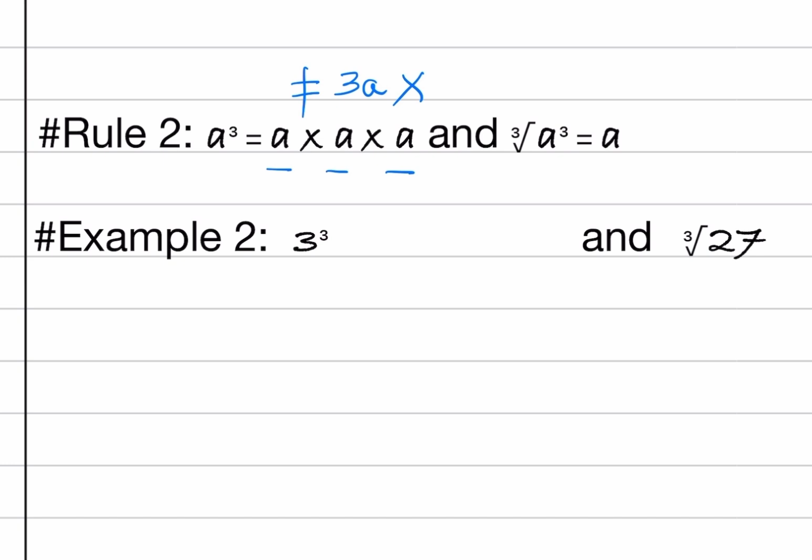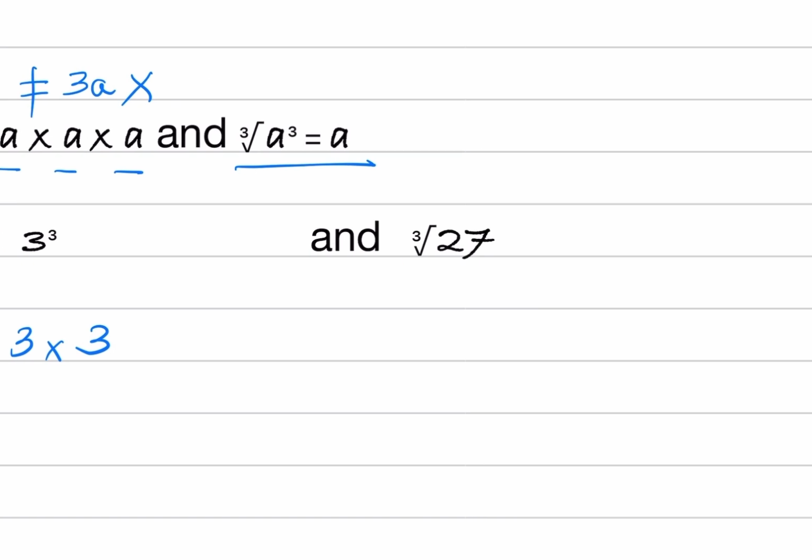If we look at the cube root of a cube, it is equal to a as well. We're going to apply that rule over here. So 3 cube is equal to 3 times 3 times 3. And the cube root of 27 is equal to the cube root of 3 cube.